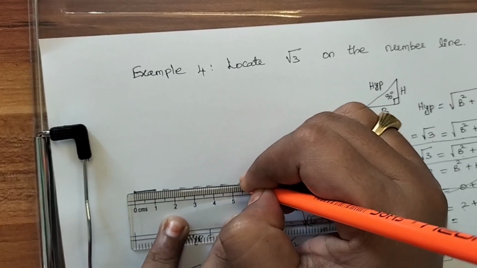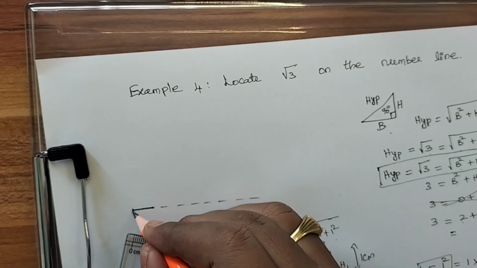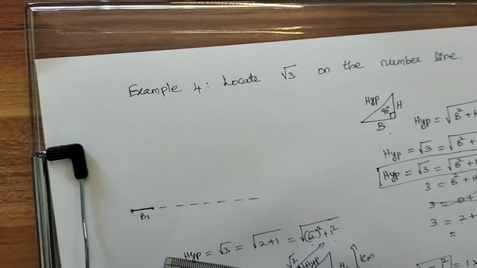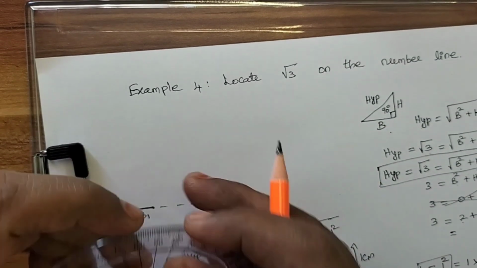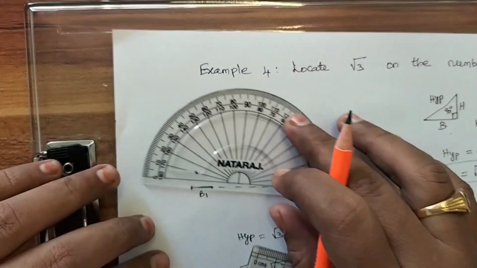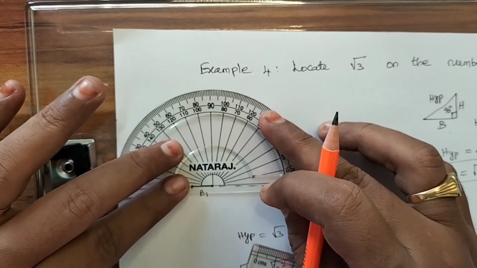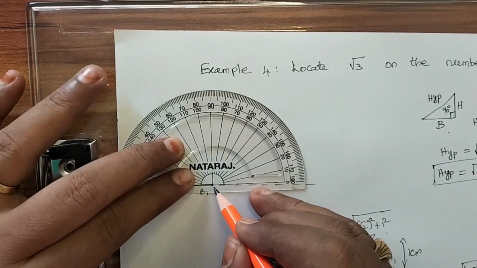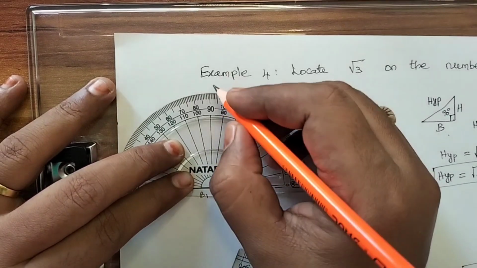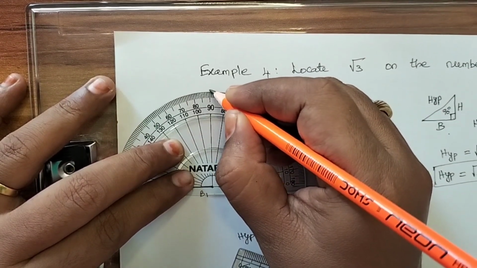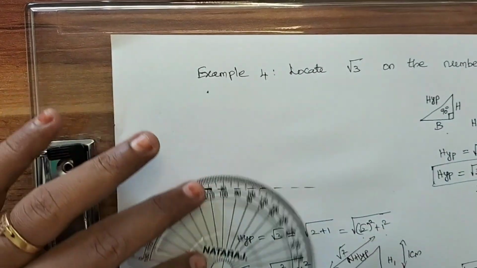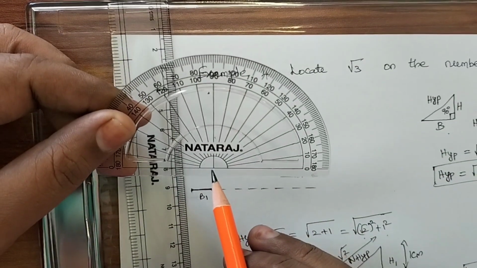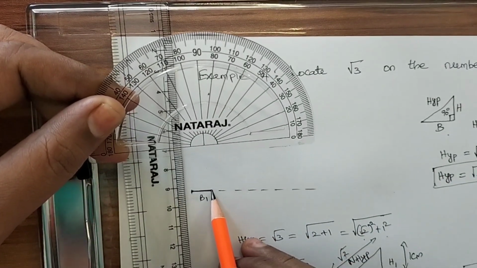This measurement is nothing but base 1, and then use your protractor, and keep the midpoint of the protractor at the edge of base 1. Then measure 90 degrees properly. So keep this point of the protractor here at the edge of base 1.